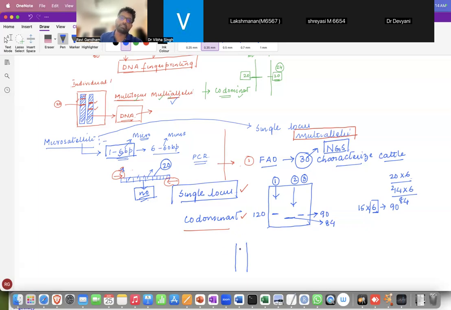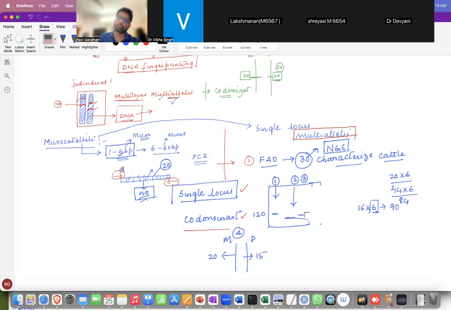Now, in individual 4, let us say on one maternal chromosome you have around 20 repeats, and on the other paternal chromosome you have around 15 repeats. Now look what happens. We are now looking at the 4th individual. So at the 4th individual, you just extend the gel to the 4th individual. This is the 4th individual.